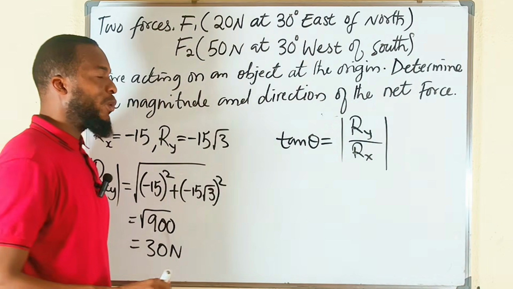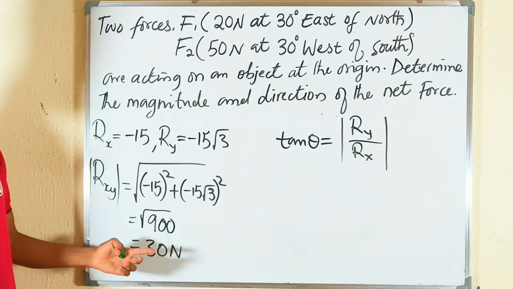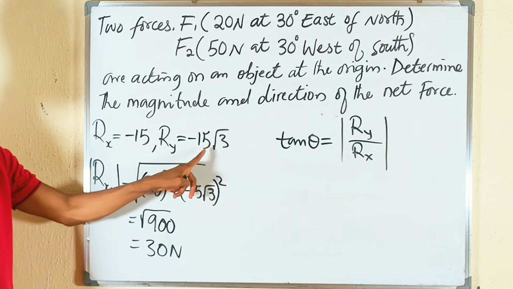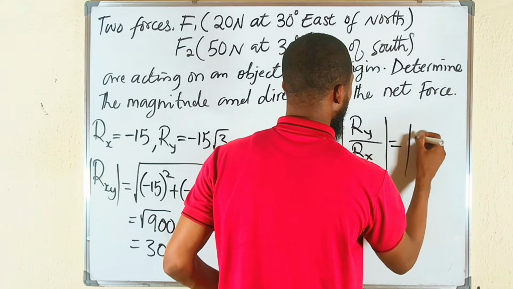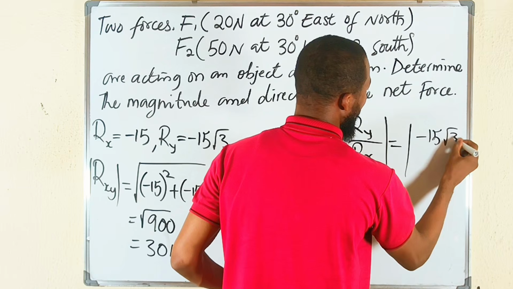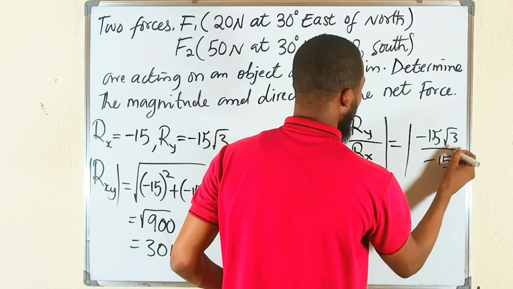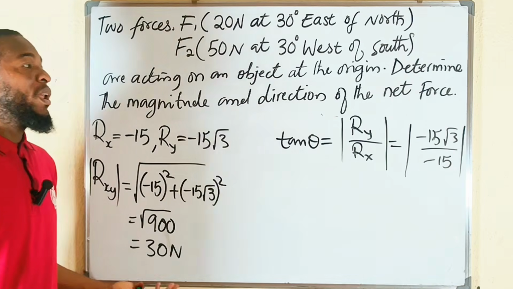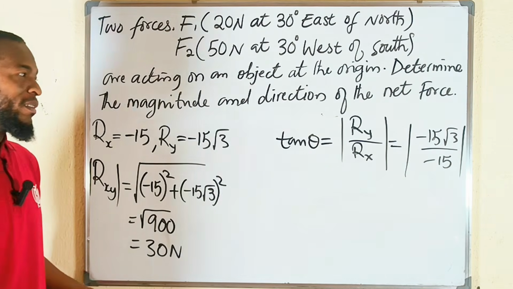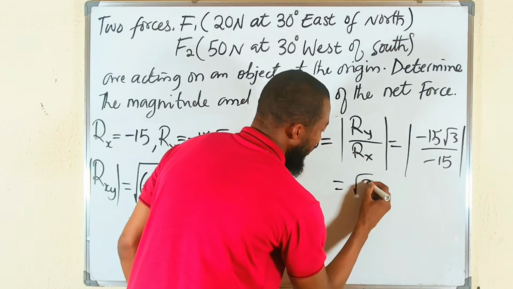But take absolute value. We want to make it positive. Oh, where are those values? Okay, look at them here. This divided by this. So this is equal to negative 15 root 3 divided by negative 15. Right? Yes. And without the absolute value, you're going to get square root of 3.